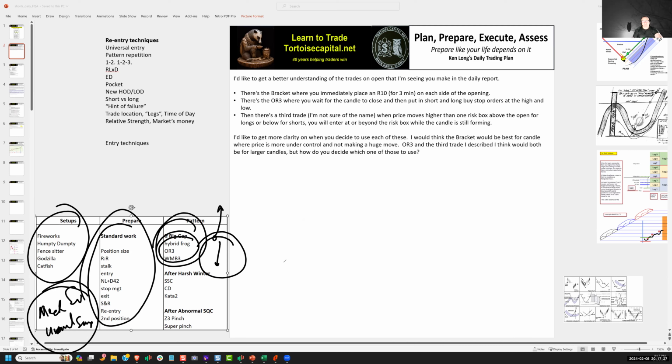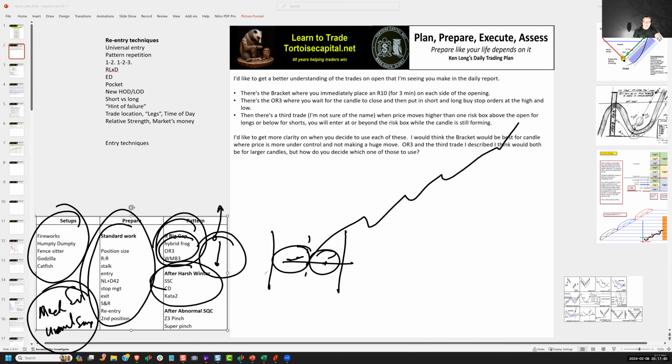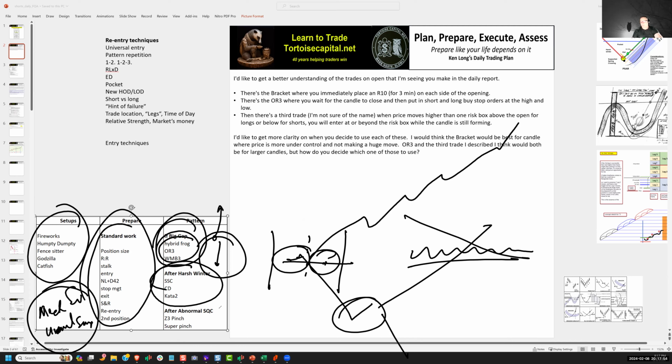And then after the smoke clears, an hour or 30 minutes into that thing, start picking up those. And then if it's really working, it's kata twos. But if it's a big fail, then later in the day it's SSCs, collapsing dragon, kata twos. And then once everything settles down, then and only then am I looking for the breakout from range compression.